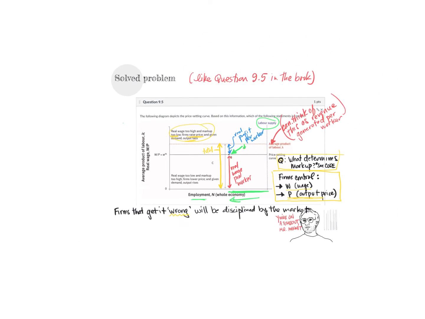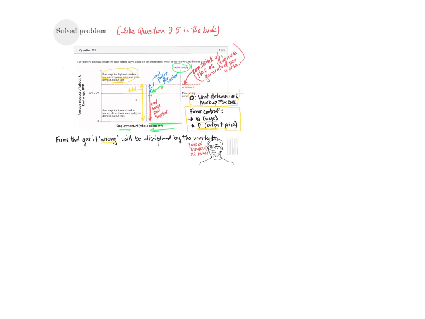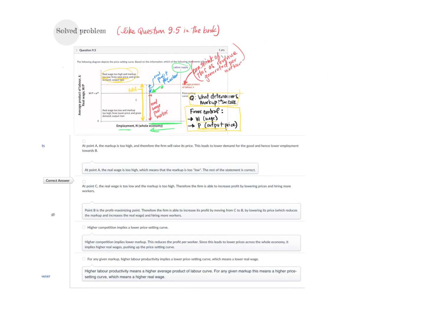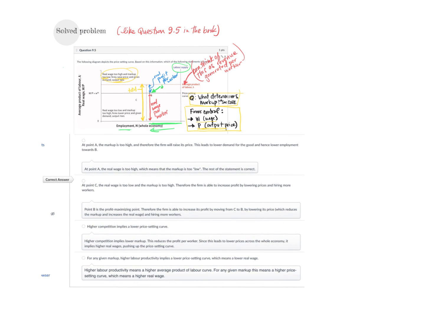So for the question, the answer is, at point C, the real wage is too low and the markup too high. So this is the reverse of the situation we had up there with A, right? So with C, what's happening is the wage is too low. And so the markup, the vertical distance up to the average product or revenue, will be too high.